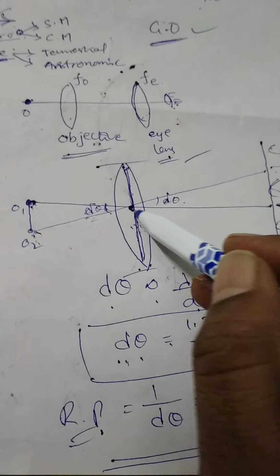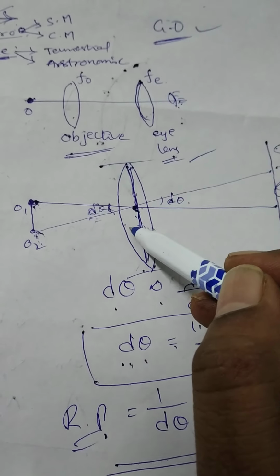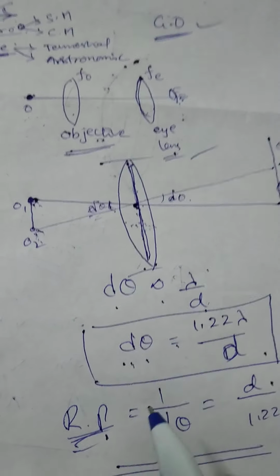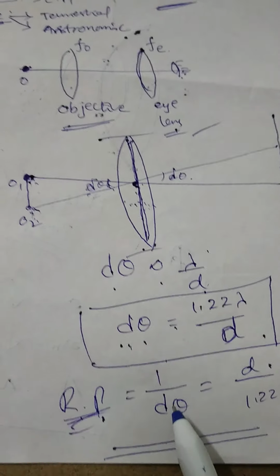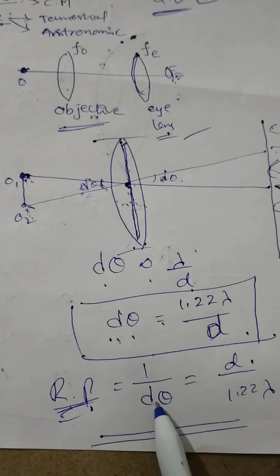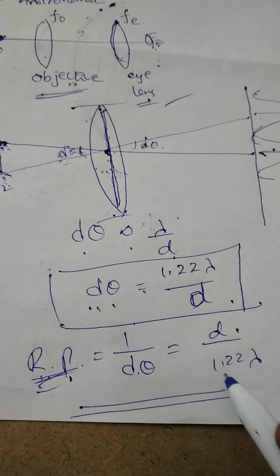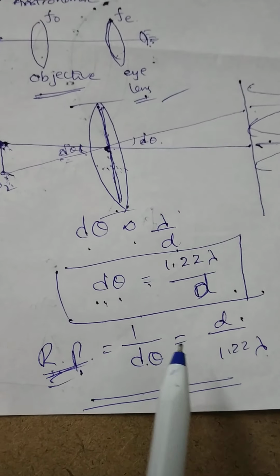The ability of the optical instrument to distinguish two point objects separately is known as the resolving power of the optical instrument, and it is measured as the reciprocal of the limit of resolution. But resolving power is always equal to D by 1.22 lambda in the case of a telescope.